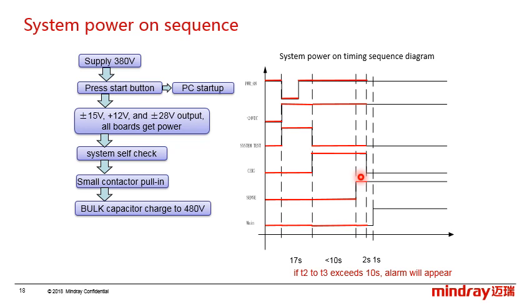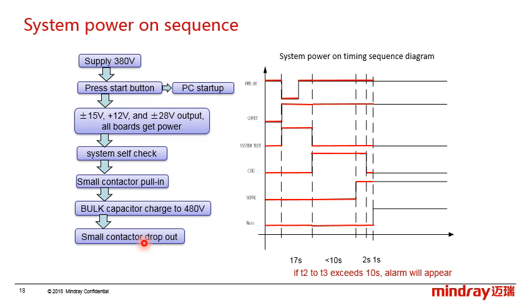And when the master control board detects the sense signal has changed to high level, it will change the charge signal to low level.